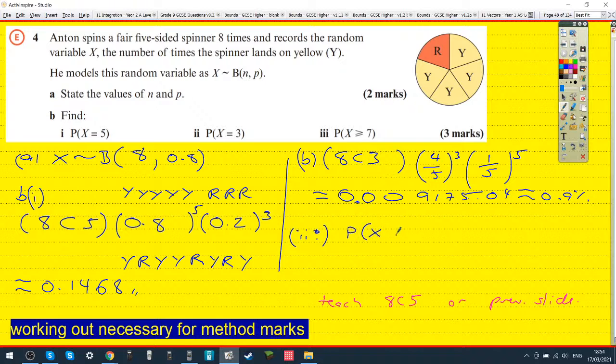The highest number of yellows you can get is 8. 8 yellows, no reds. Oh, okay, yes. So you could do the 7 one and then add on the 8 one.